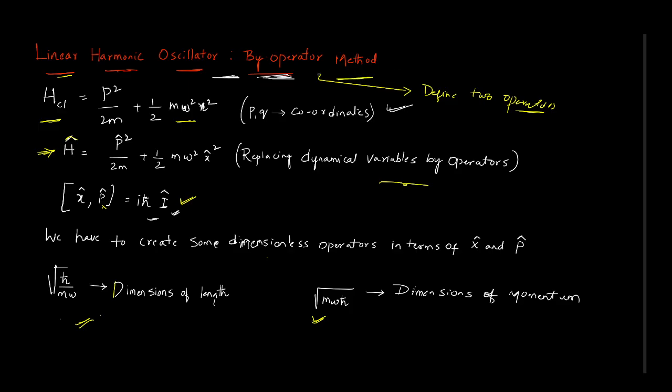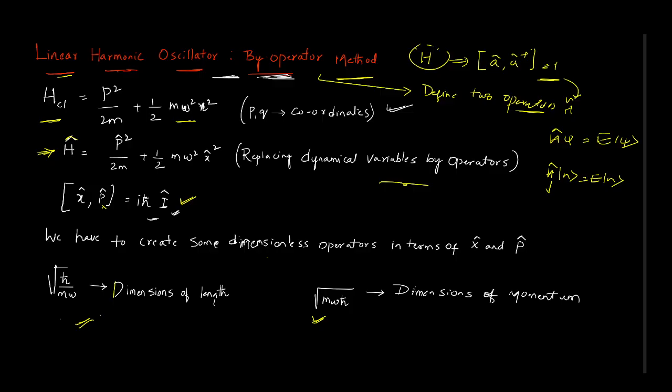I hope you have understood. We have defined two operators and tried to find the solution of the linear harmonic oscillator by using them. Firstly, we defined H, and in the process we found a into a dagger value equal to 1. Next, we substituted H in H psi equals E psi, taking psi as the ket n.